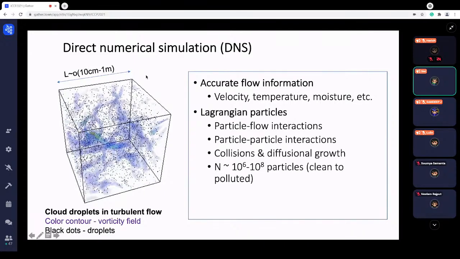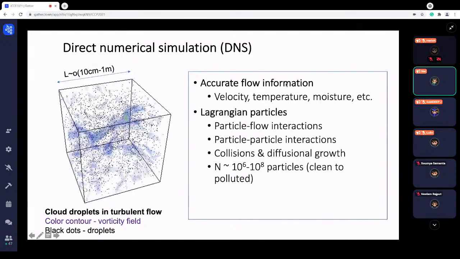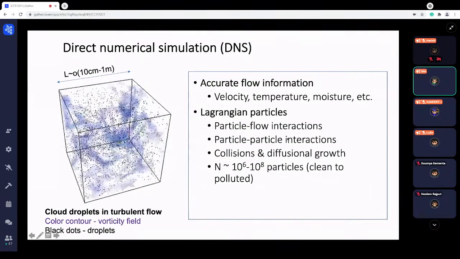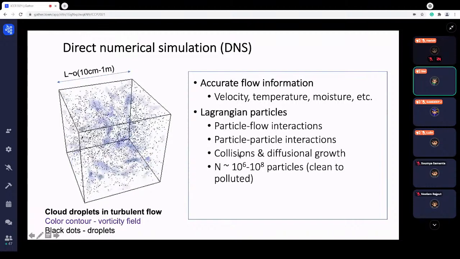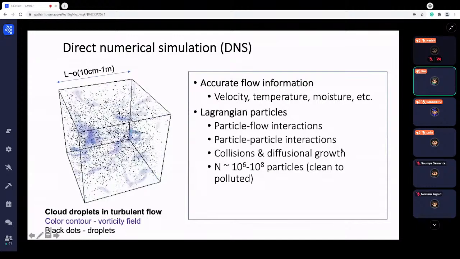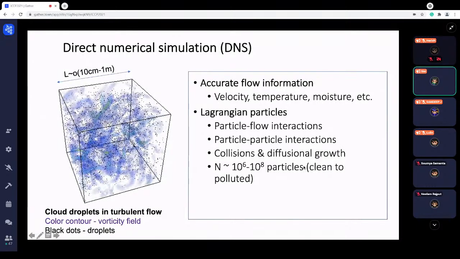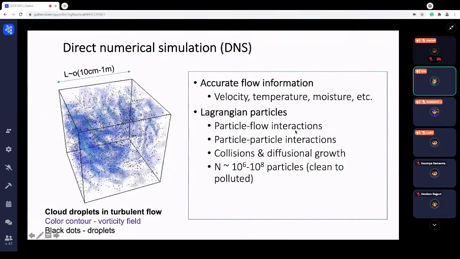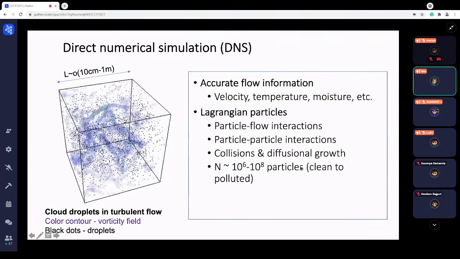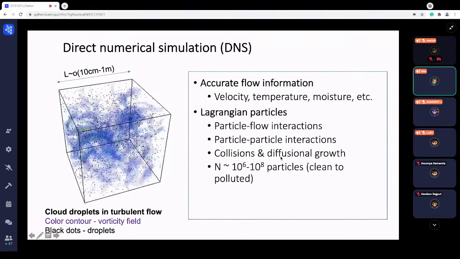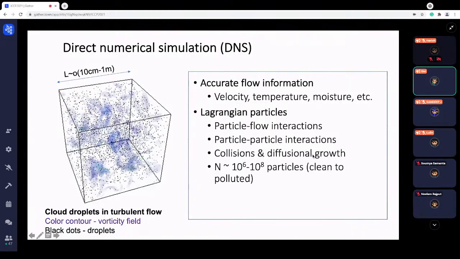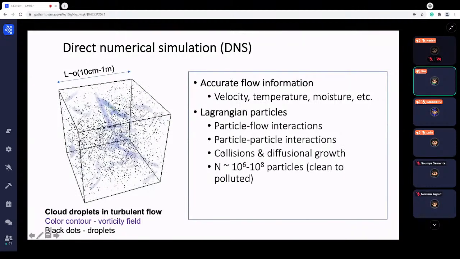The direct numerical simulation resolves the finest scale of turbulence, and it can help us to better understand how seeding particles interact with and affect the immediate environment, as well as natural cloud growth. The model is able to accurately trace individual particles and simulate the droplet collision and condensation as they interact with the turbulent moist air.